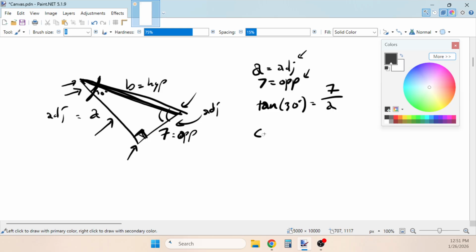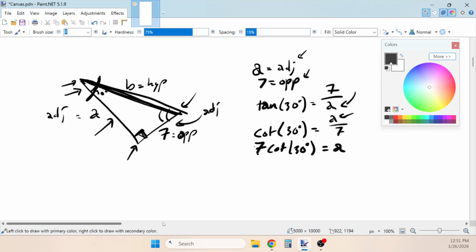Or I might go cotangent, adjacent over the opposite. Either way, it doesn't really matter. But then we're going to solve for A in our equations. A equals 7 times the cotangent of 30 degrees.